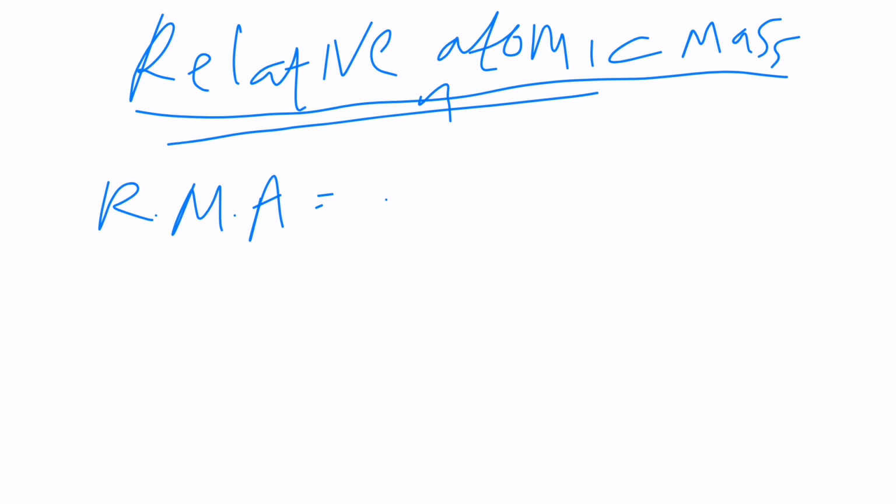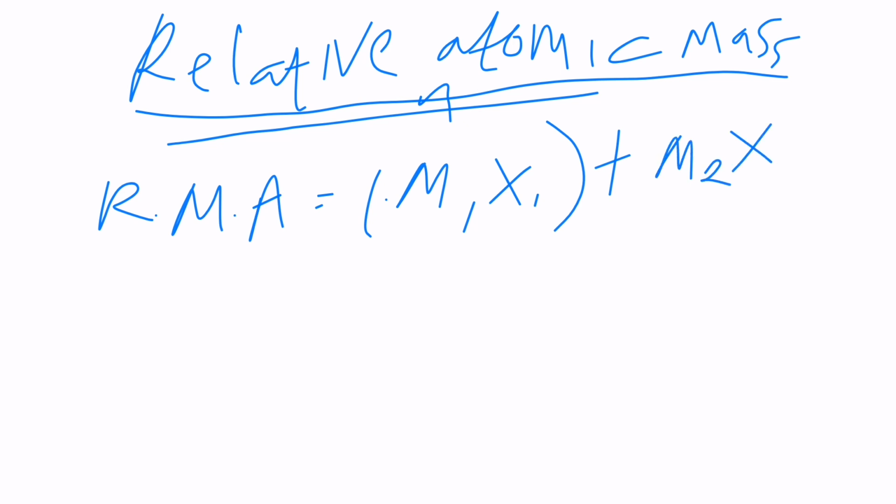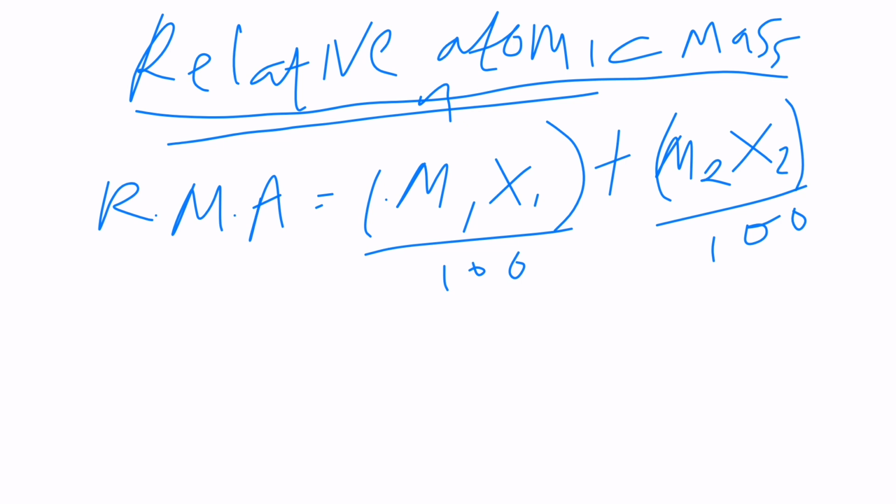And the formula which we need to know is: mass 1 times x1, where x is the percentage abundance, plus m2, mass 2 times x2, all over 100. So that is the formula we need to know.